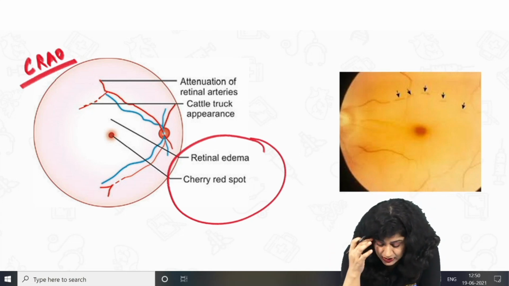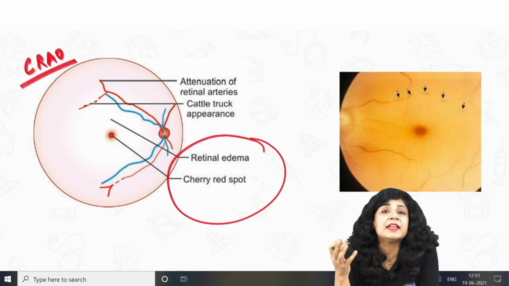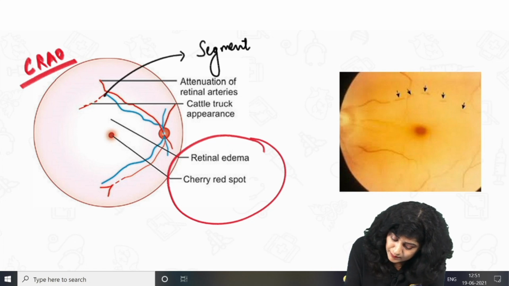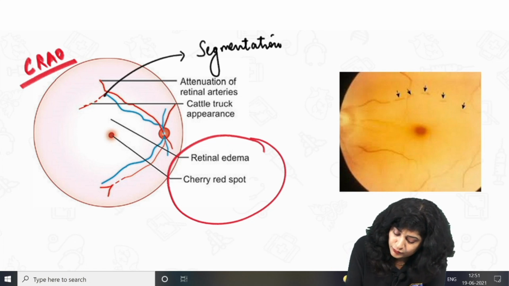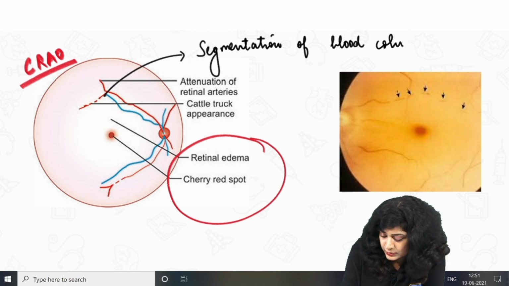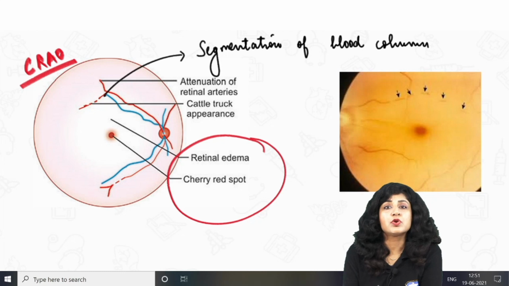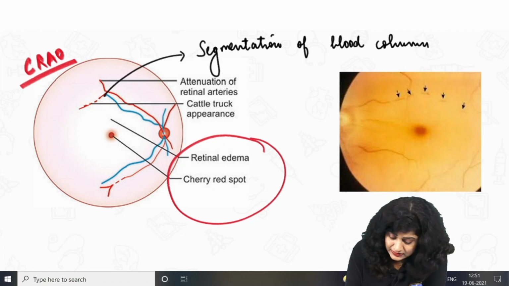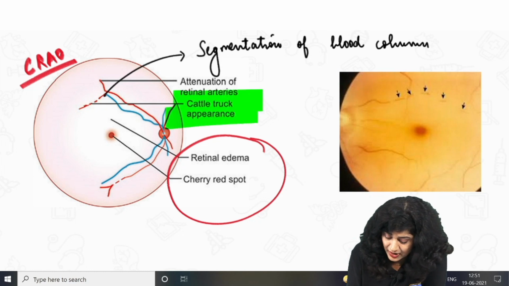Another important thing is the segmentation of the blood column. Due to the central retinal arteriolar occlusion, we also have segmentation of the blood column, which is typically called the cattle track appearance.